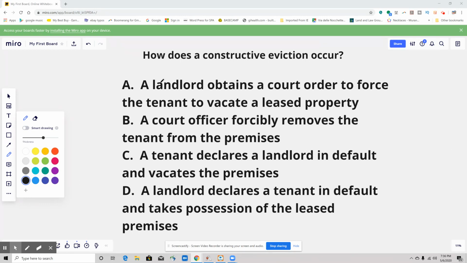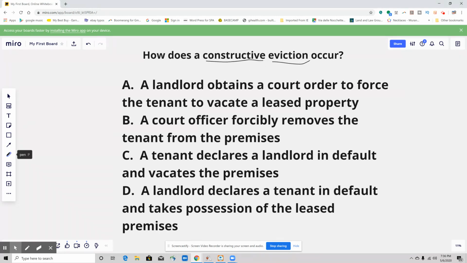Something that we have to know in a constructive eviction: there are two different types of evictions. There's constructive, and then there's actual eviction. When a landlord is asking a tenant to vacate a premise, that is, in most cases, actual eviction.